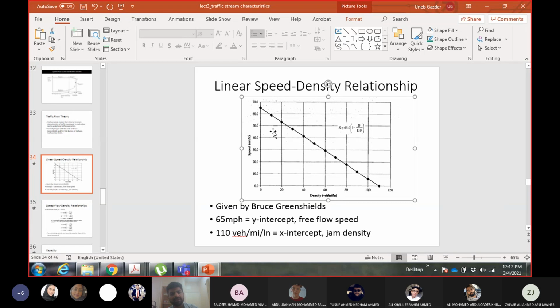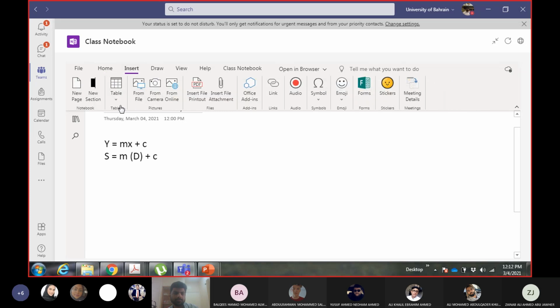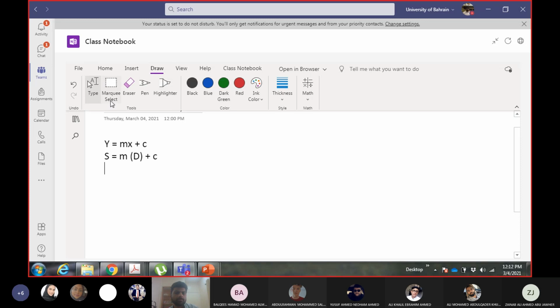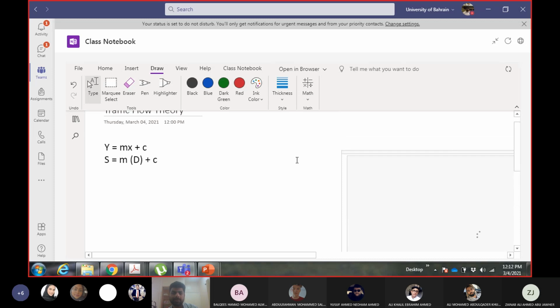According to this graph, the y-intercept is 65. The y-intercept is the maximum speed.